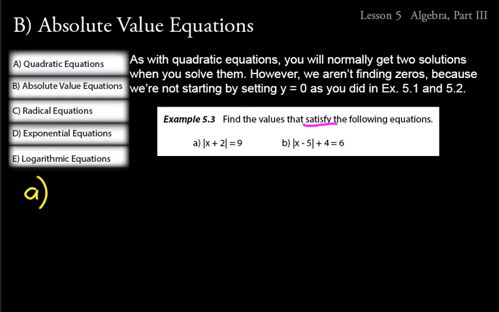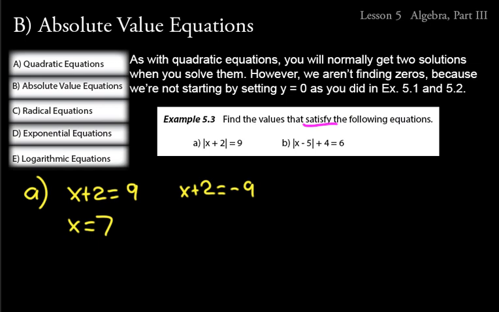And that would equal 9 when x plus 2 is equal to 9, or when x plus 2 is equal to minus 9. Because the absolute value of 9 or minus 9, that equals 9, right? So look, we solve both of those equations now. On the left, we'd subtract 2 from both sides and get x equals 7.